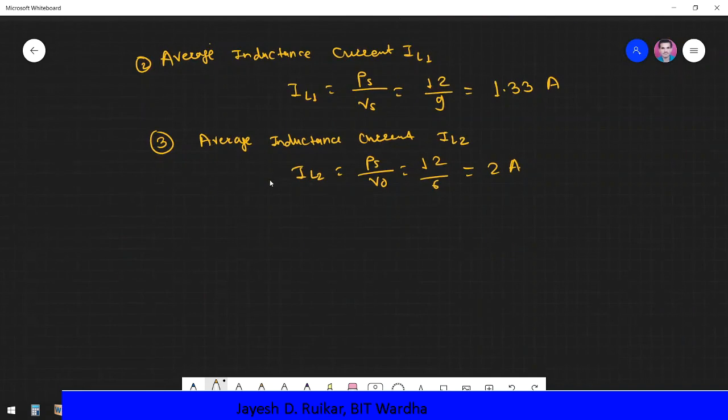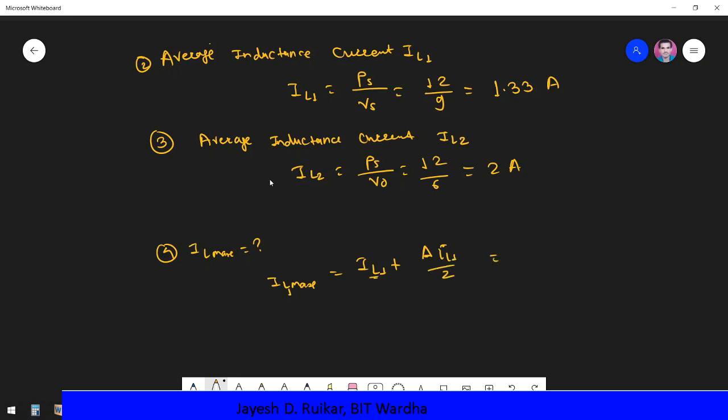Next, we need to find out the value of the maximum inductor current, IL max, which is again for inductor 1. So I will calculate IL1 max, which equals IL1 plus delta change in IL1 divided by 2.